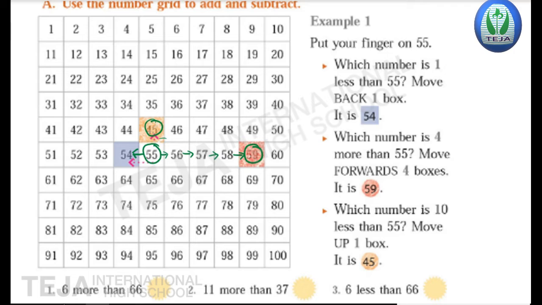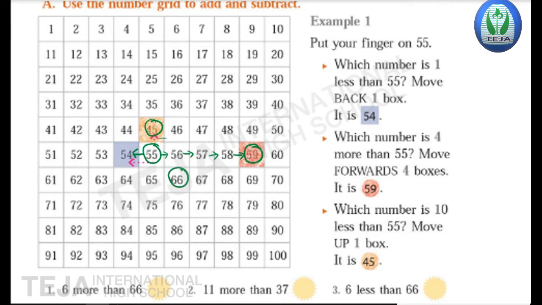Here the question is, first question, 6 more than 66. And remember that always begin from the bigger number. So here 6 more than 66. What we have to do? You have to draw a circle around 66. Now from here we will start. So we want 6 more than 66.